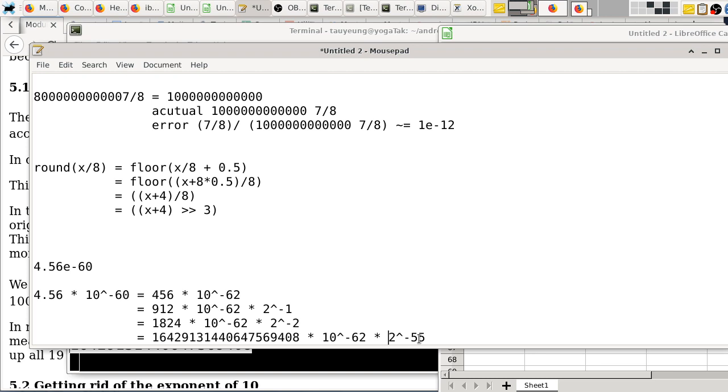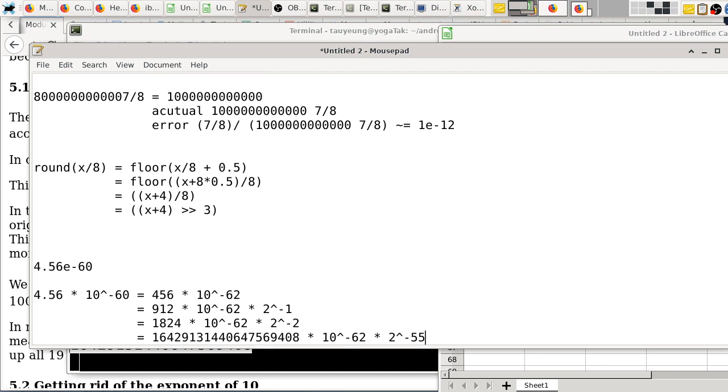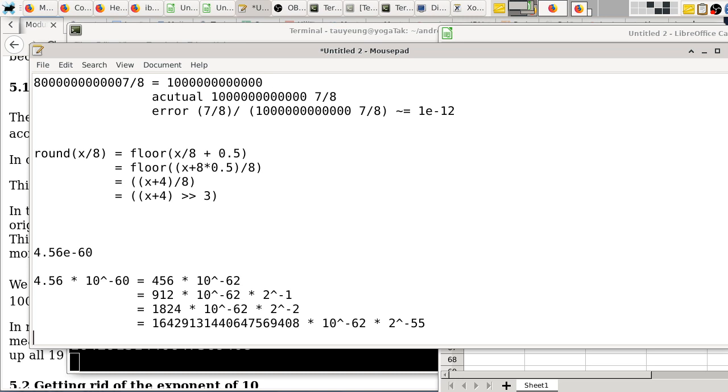Okay, first of all, I'm going to convert this into power, because the spreadsheet, I don't think it recognizes the caret symbol to mean power. So I'm going to convert this to power 2, comma, negative 55. And this is now power 10, negative 60. Oh, yep, it is still negative 62.